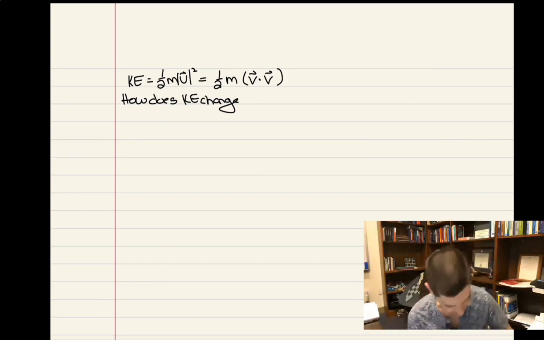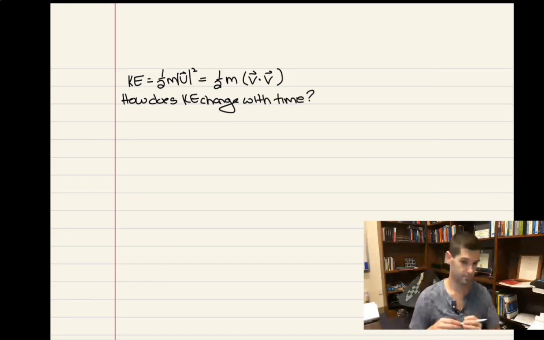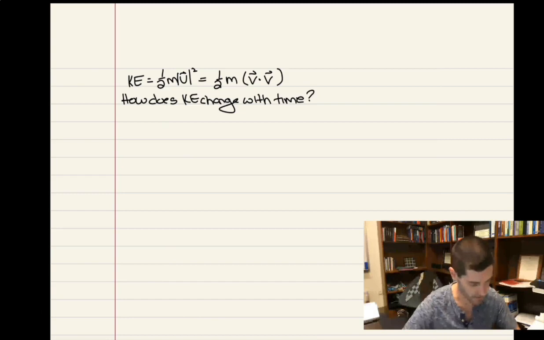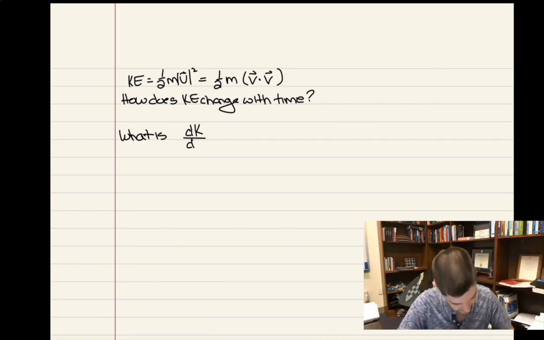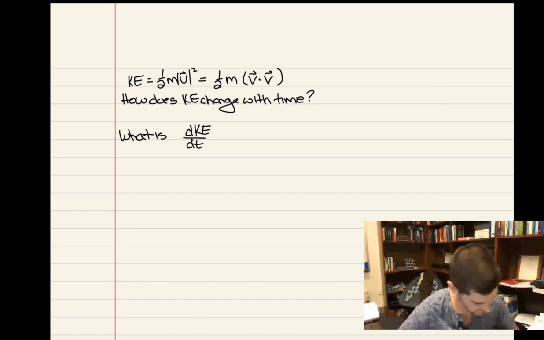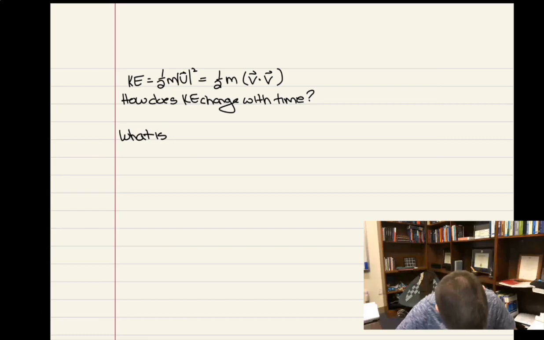How does kinetic energy change with time? So in that case, all I'm asking is, what is dK over dt? I guess I've been writing KE. What is dKE over dt? Or what is the derivative with respect to time of kinetic energy?